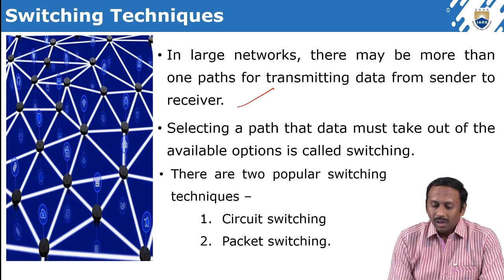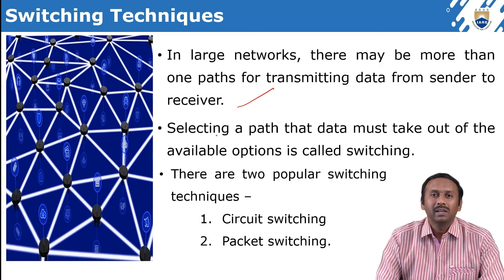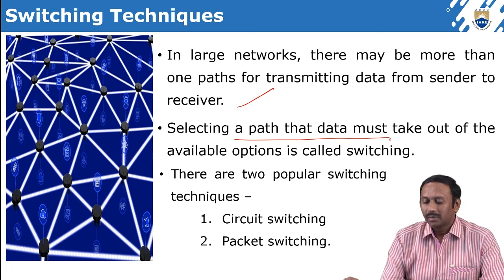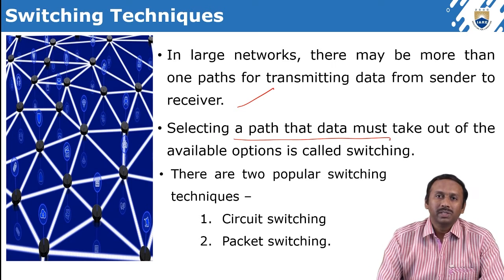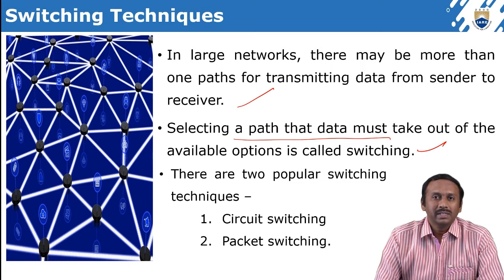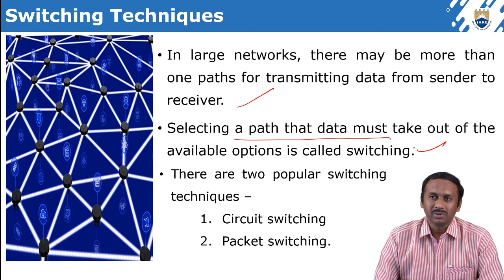So how could we identify which path is suitable? How the path is going to be identified, that process we can call a switching process.